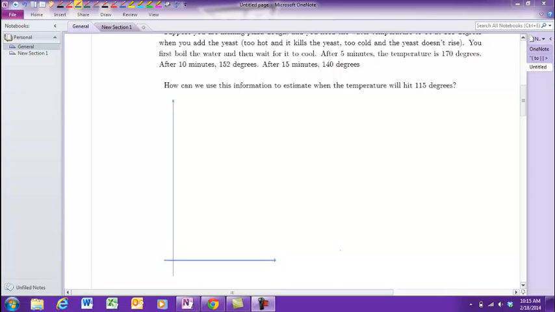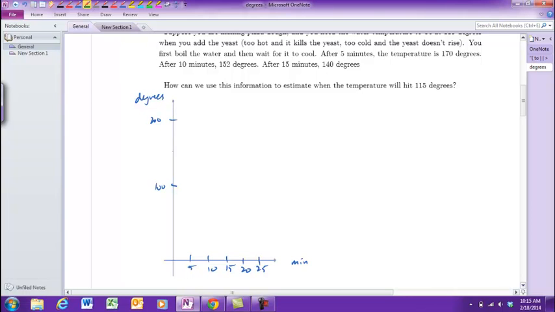So graphically, what's going on here is, let's say this is about 100, that's 200, this is degrees on that axis. And then over here we'll put time. So here's 5 minutes, 10 minutes, 15 minutes, 20 minutes, 25 minutes. And we can actually plot some points.